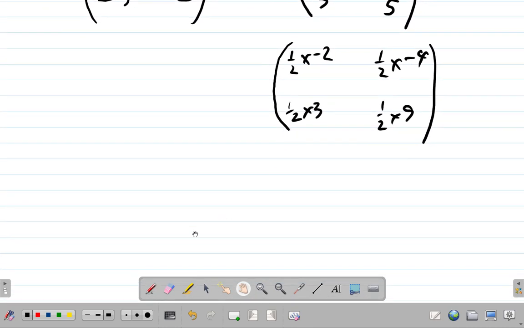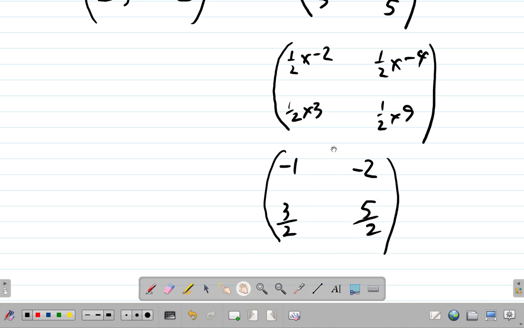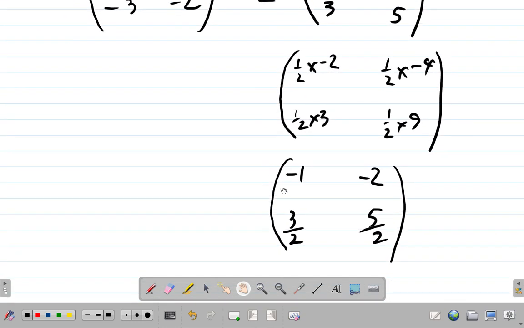Half times negative 2 is negative 1. Half times negative 4 is negative 2. Half times 3 is 3 halves. Half times 5 is 5 halves. You see that? So that is the inverse of the matrix.